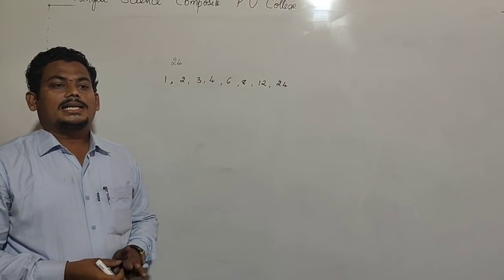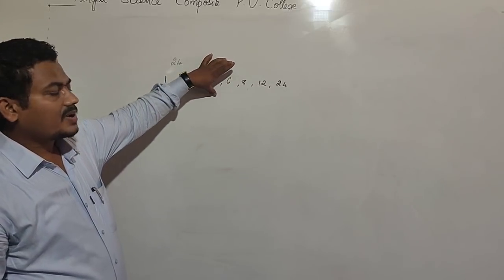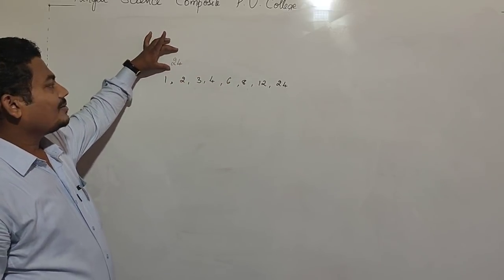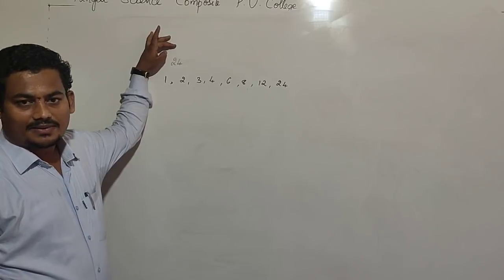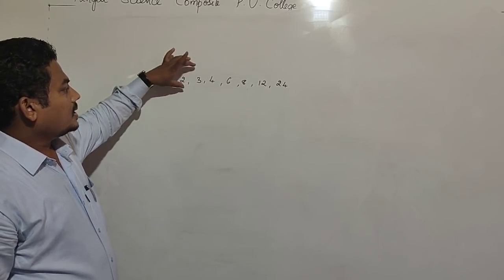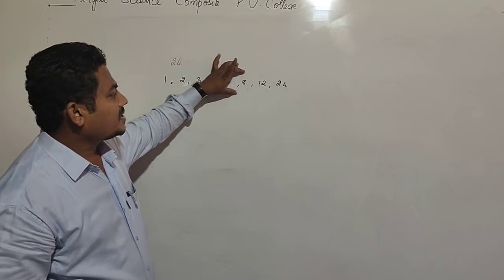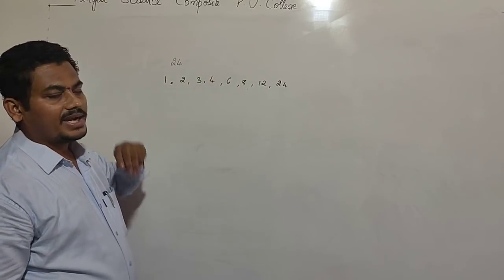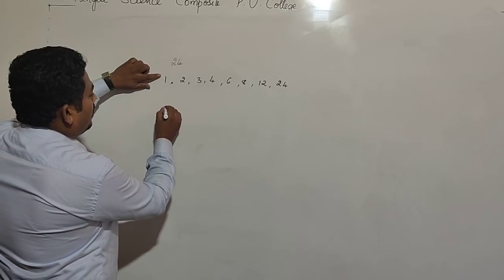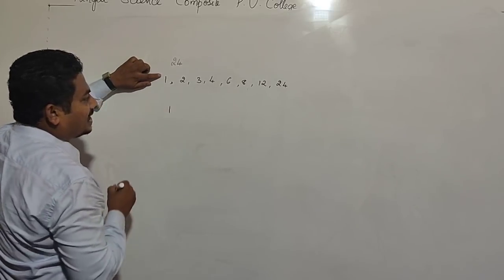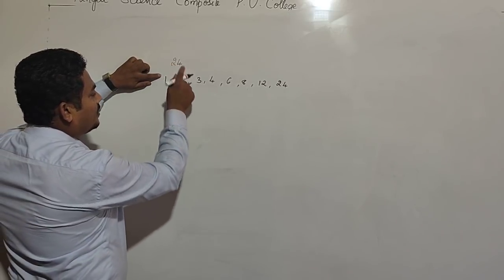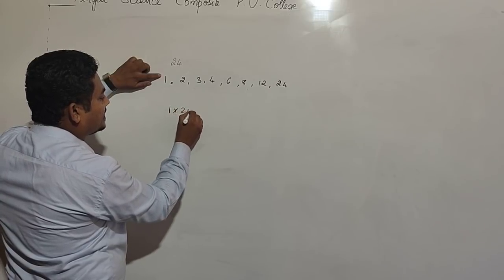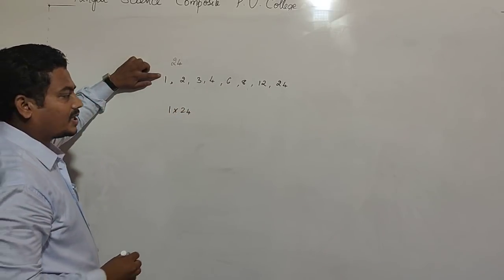Now select two numbers from this set whose product is equal to 24. If I select the first one as 1, their product should be 24, so it is 1 into 24.